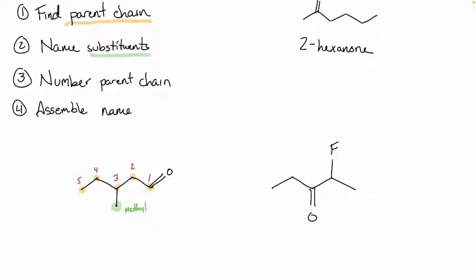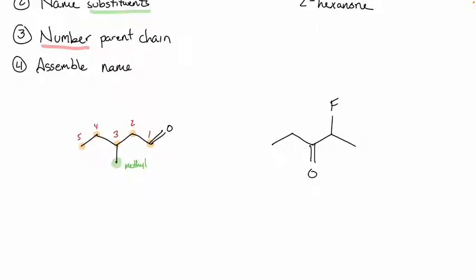All right, so then I have to number my parent chain. And then I'm going to put it all together. So this would be 3-methyl. And I knew my parent chain was, what's 5? Pent. Pentanal.